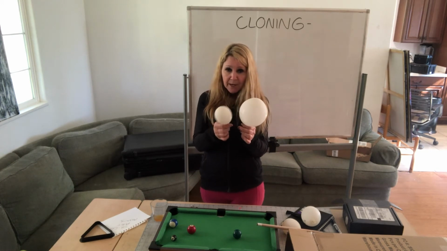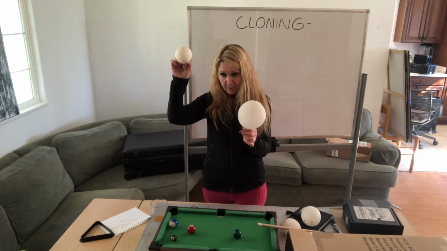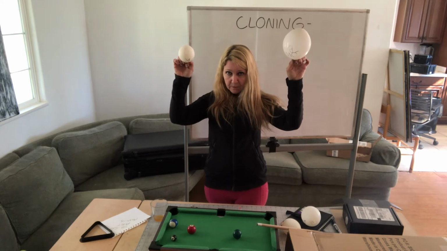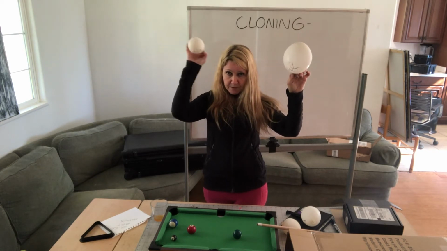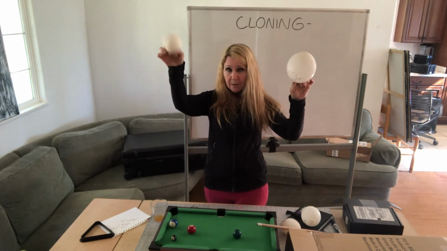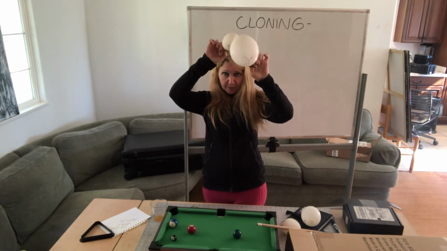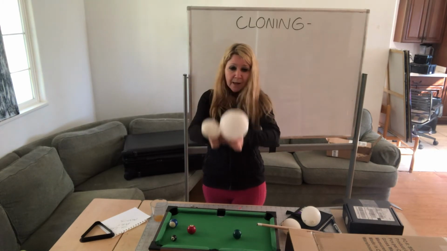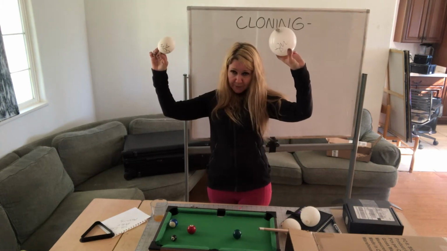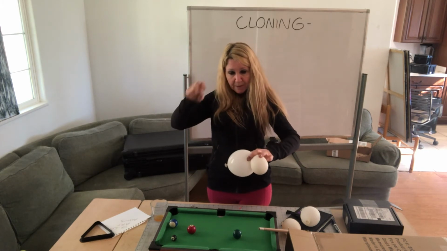So now the DNA from cow A is in the egg cell from cow B. This information from cow A, because that's the one we're cloning, is going to get inside the empty egg cell. Now the cow A cell is put inside the oocyte from cow B, and then an electric current, like a shock, is applied.